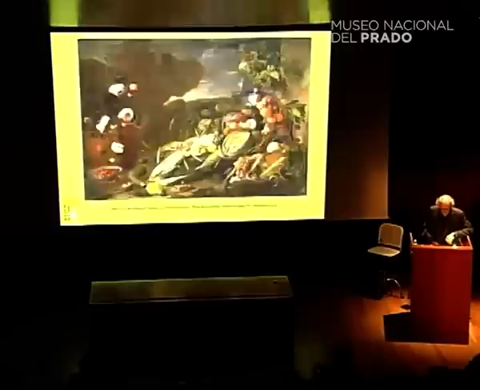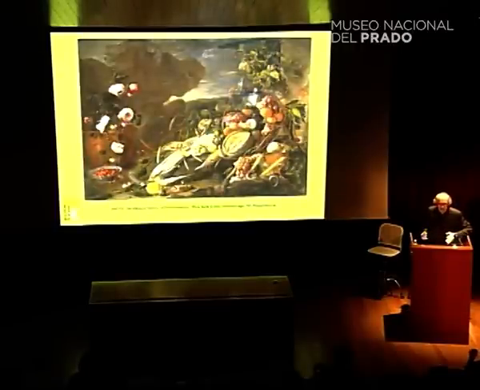Then in 1655, by that time, de Heem had also started to experiment with outdoor still lifes. So not just a little landscape in the background, but really setting his still lifes in a proper landscape. And this is one of the most successful examples in the Hermitage in St. Petersburg, signed and dated 1655.